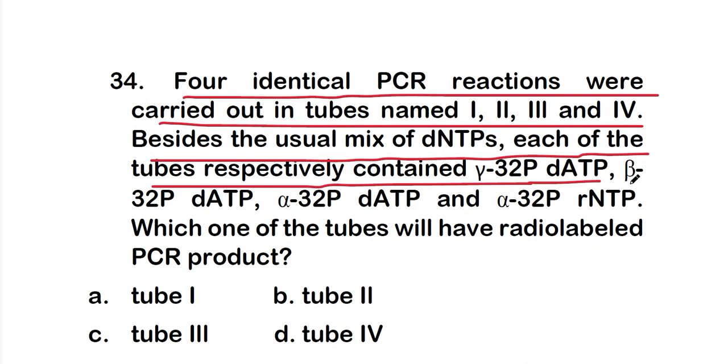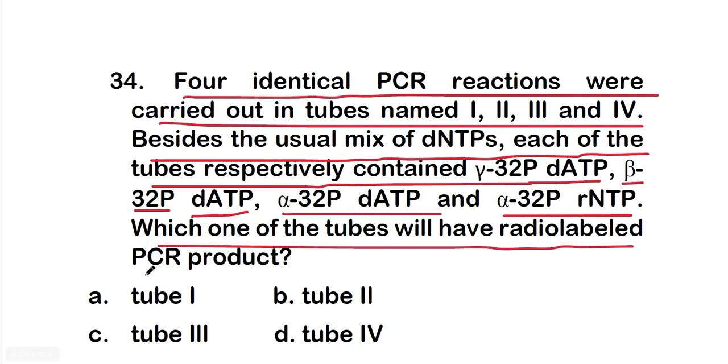In tube number 2, beta P32 dATP is present, in tube number 3, alpha P32 dATP is present, and in tube number 4, alpha P32 rNTPs are present. Which one of the tubes will have radiolabeled PCR product?